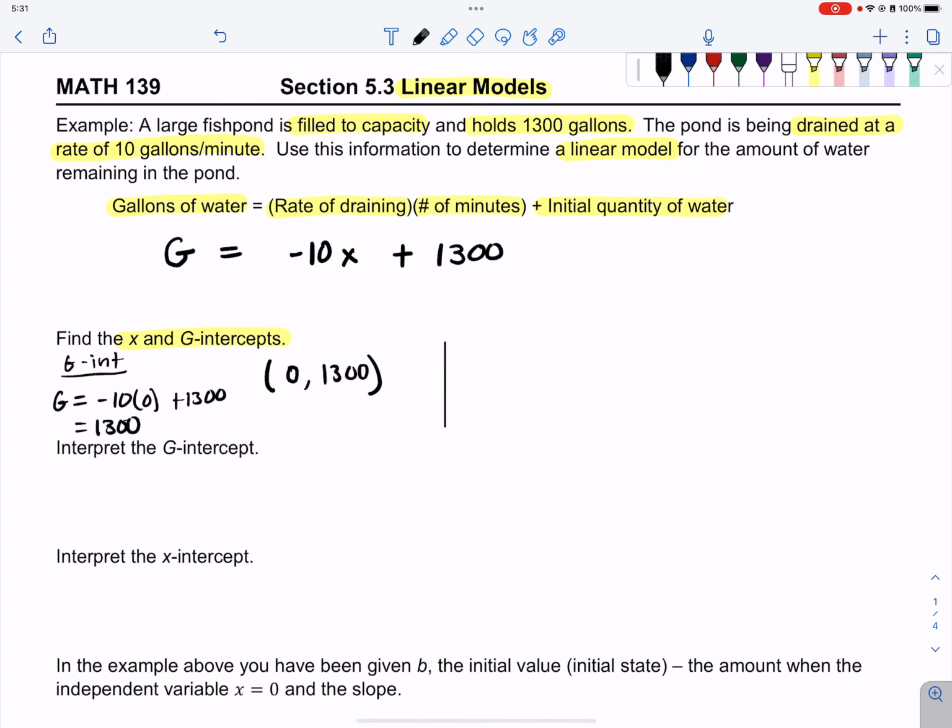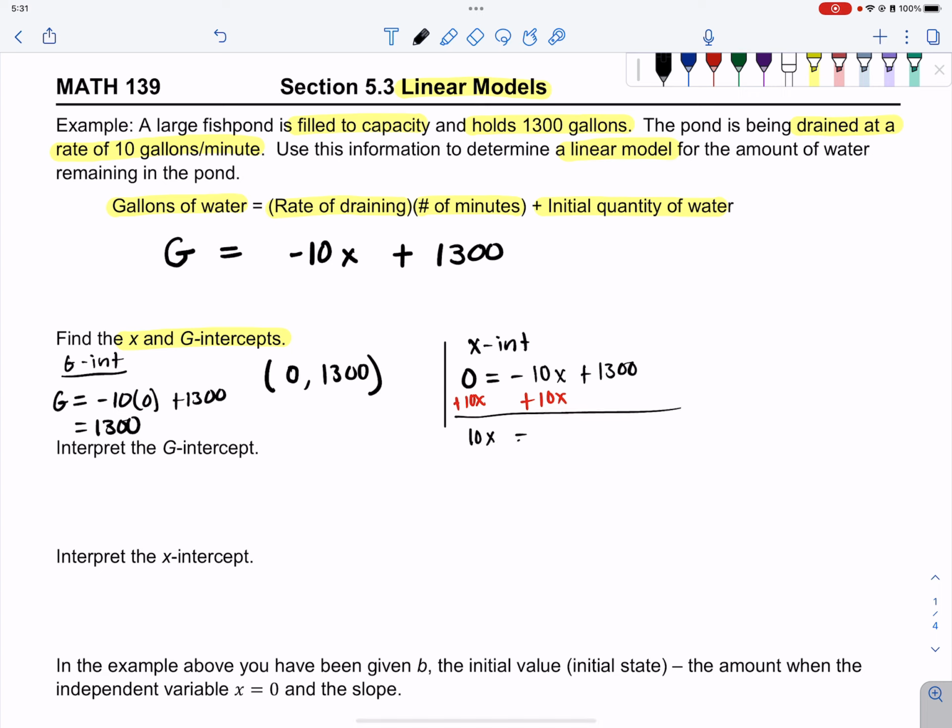Next, I'm going to find our x-intercept. To do that, we can let the other variable g be 0 in our equation. So we have 0 equal to negative 10x plus 1,300. Now we need to solve this equation for x. I'm going to add 10x to the other side, so that everything with an x on it is on one side, and everything without an x is on the other.